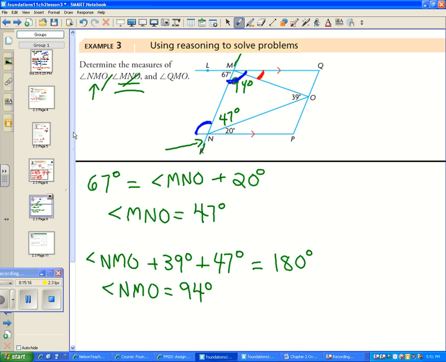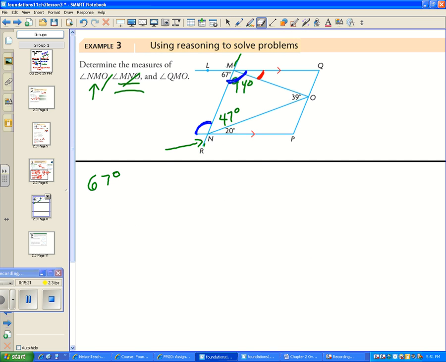actually I'm going to erase so that we have more space, so we can still see our diagram here. We could say that 94 degrees plus angle QMO, this one right here, is equal to this guy. Well, how do I know that guy?